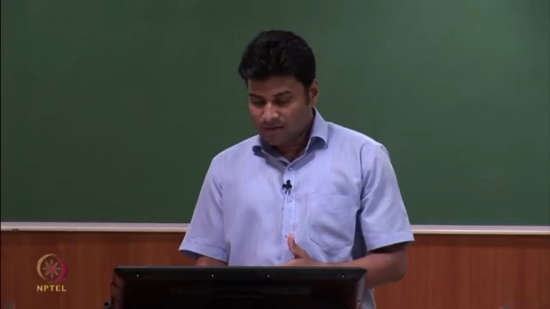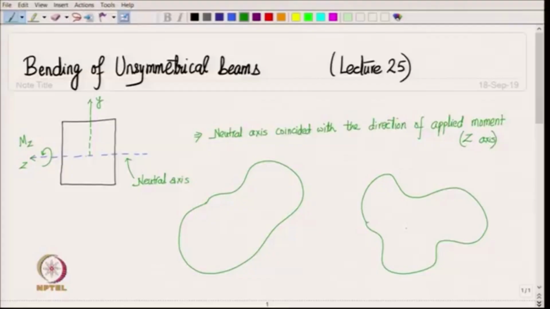In this case, if you apply a moment about the z axis, so if this is your z axis and that is your y axis, and I am applying moment about the z axis, then the neutral axis is not parallel to the z axis. Neutral axis could actually be inclined.